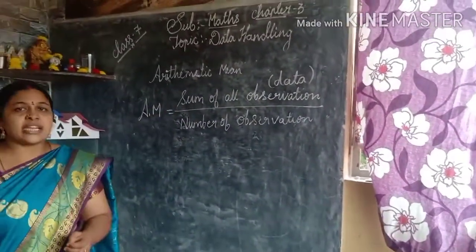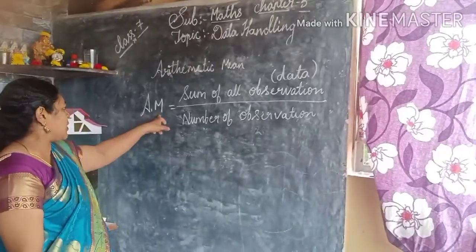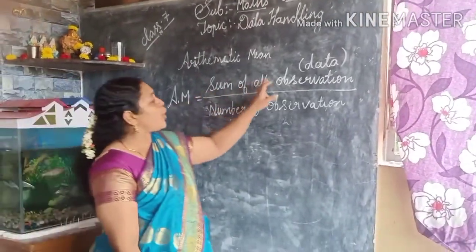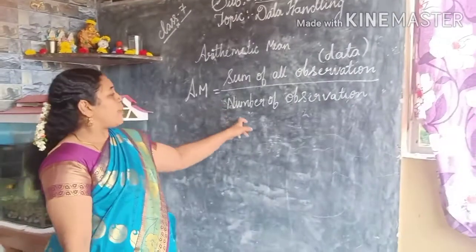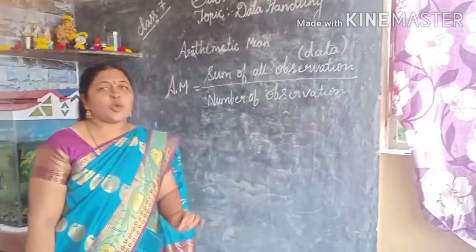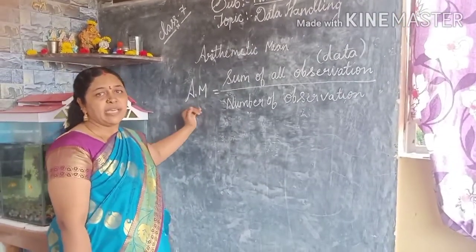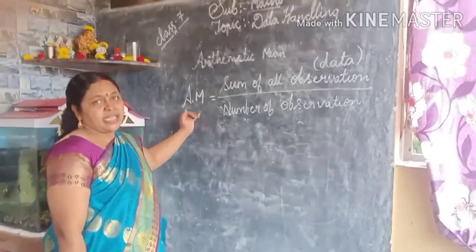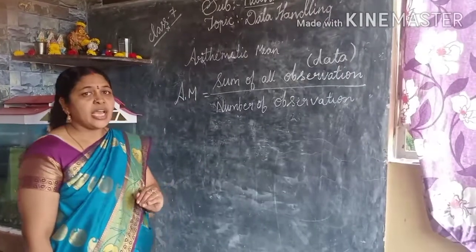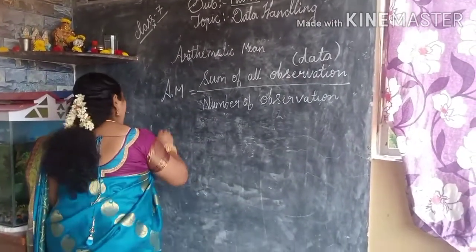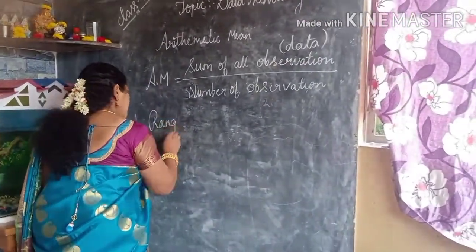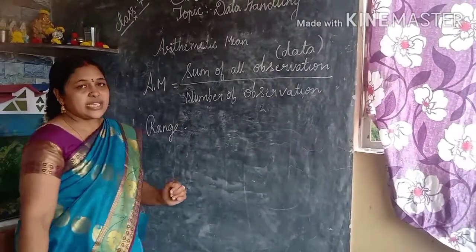So when you calculate arithmetic mean, we say arithmetic mean is equal to sum of all the observations divided by number of observations. By this we calculate the arithmetic mean. Is it clear, children? And next we will see what is a range.